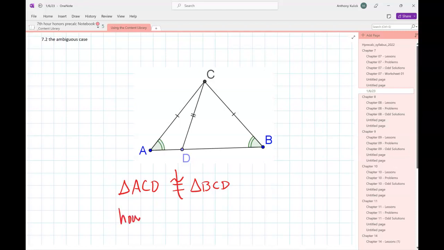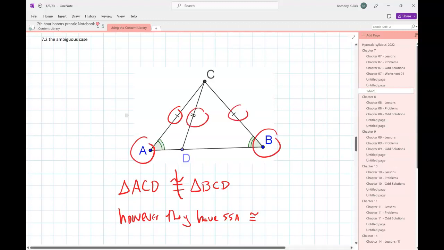However, they do have SSA congruence, right? Angle A is congruent to angle B, side AC is congruent to side CB, and side CD is congruent to side CD. This is SSA congruence, but we have two distinct, different triangles. Everybody's cool with that? This is why this situation we have to be super careful about, because we're not guaranteed of even triangle existence or not. Okay?